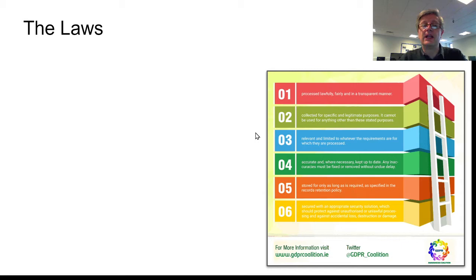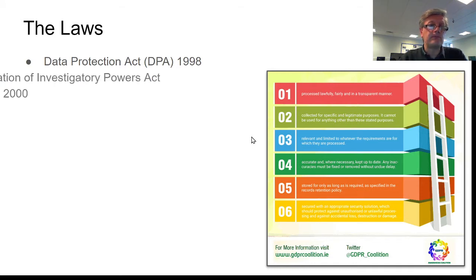So you need to be familiar with what the principles of the GDPR are, what the Data Protection Act protects people from and why it protects them, and what the consequence is if the organisation fails to follow the law. So we've got the Data Protection Act of 1998/2018.